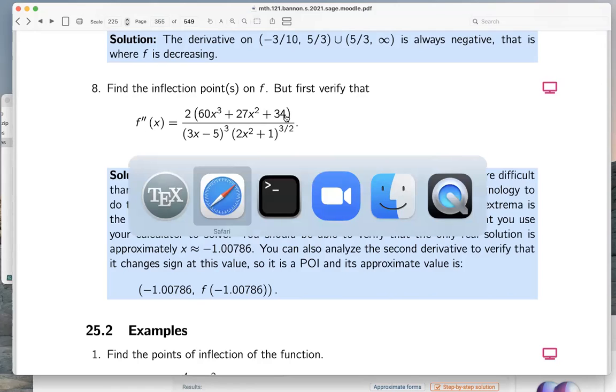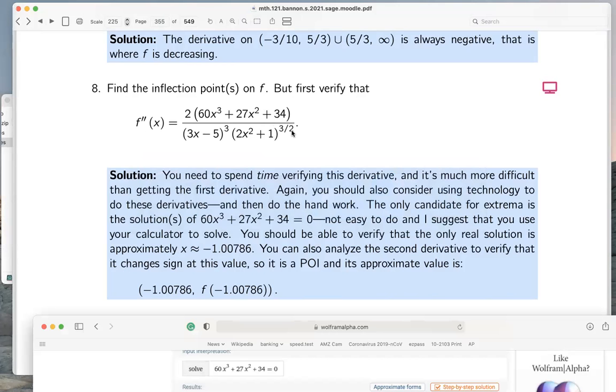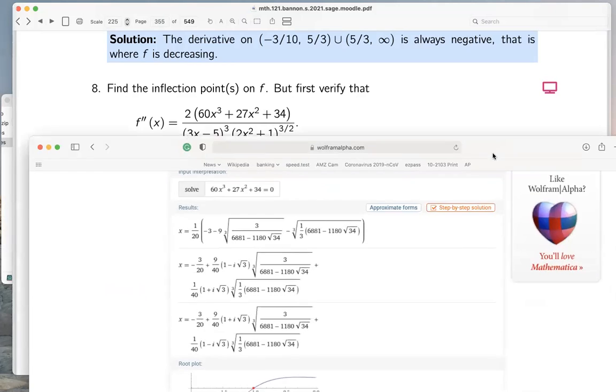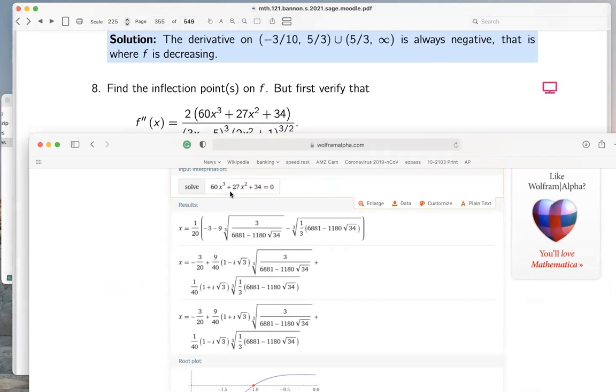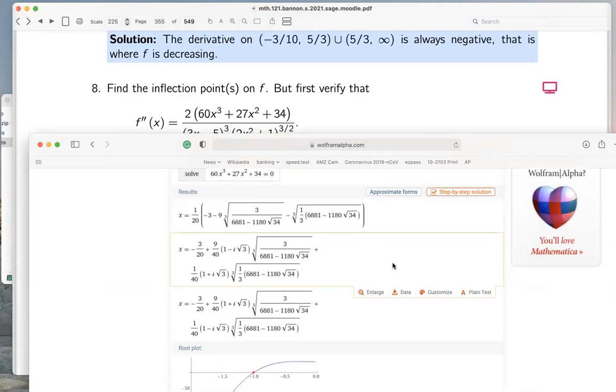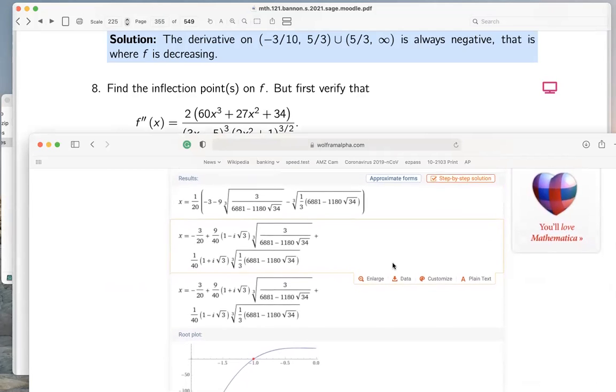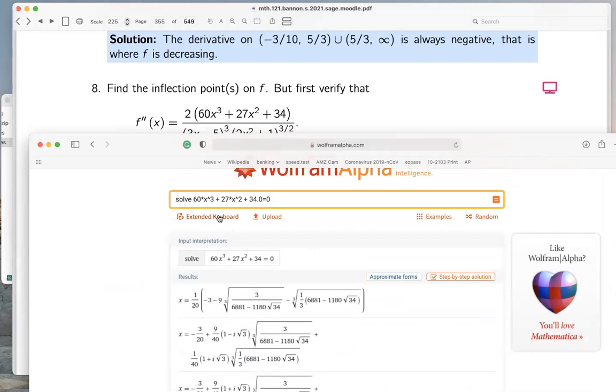And I'm going to make sure I type that in correctly. So I'm expecting to get a real solution. And 60x cubed, 27x squared plus 34 equals 0. And I solved it. And why am I not getting what I'm expecting to get, which is, let me just write down approximate then.